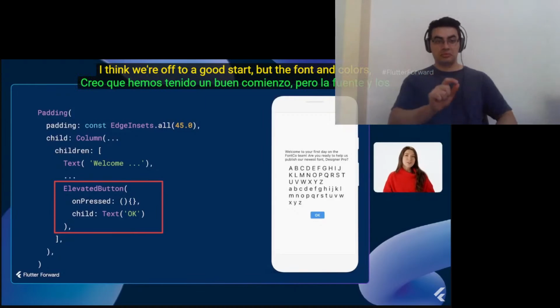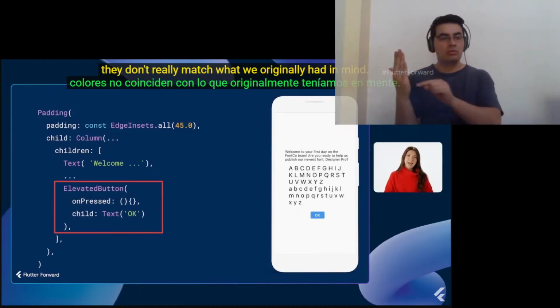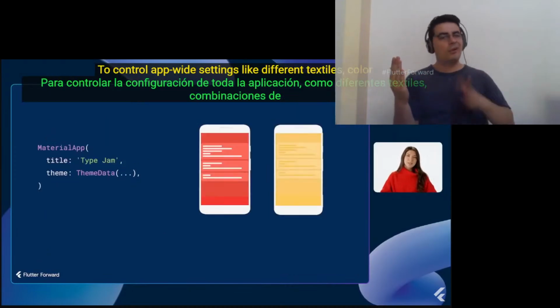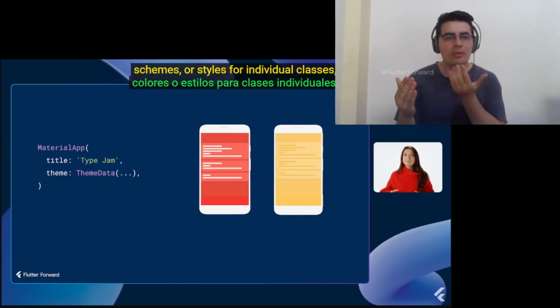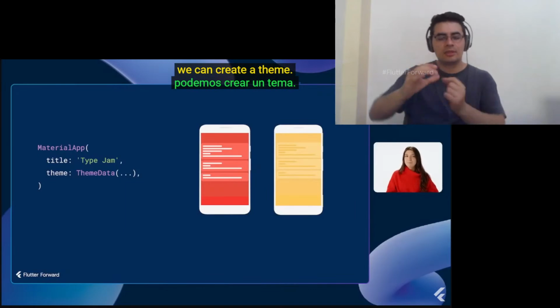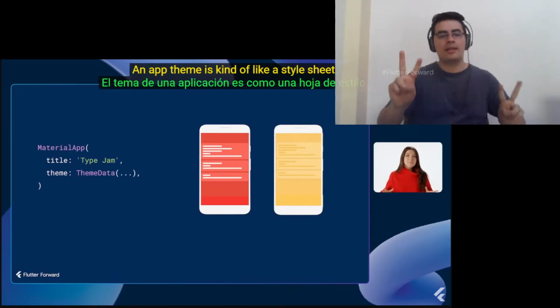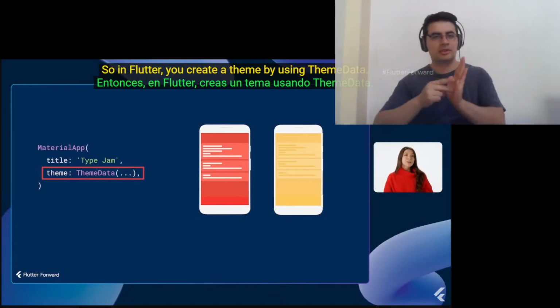I think we're off to a good start, but the font and colors, they don't really match what we originally had in mind. To control app-wide settings like different text styles, color schemes, or styles for individual classes, we can create a theme. An app theme is kind of like a style sheet. So in Flutter, you create a theme by using theme data.